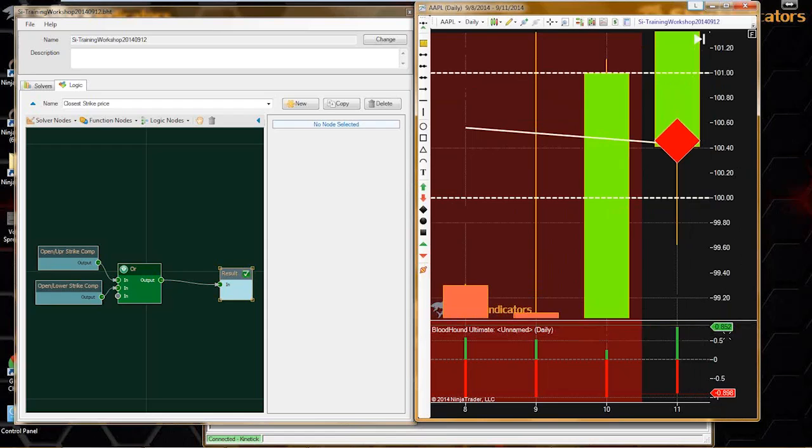If we look at BloodHound's output here, we can actually look at the values. The long value is 0.852, and the short value is 0.898. So the short value is actually greater. It's telling us that the opening price is closer to our lower strike price because this has a greater value.